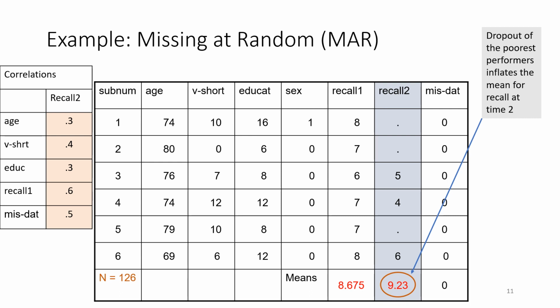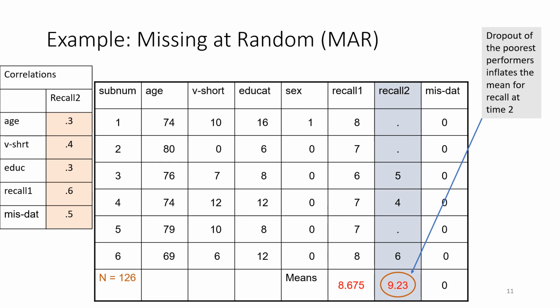However, we can assume the missing at random assumption because if you look at the far left side of the slide, I have a set of correlations, the different variables and their correlations with recall at time 2. We see that age correlates at 0.3 with recall at time 2. Vocabulary, education, and recall at time 1 all correlate with recall at time 2, as does a missing value identifier, MISDAT.